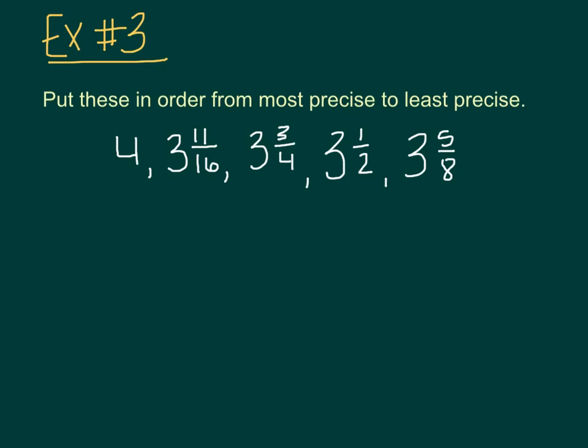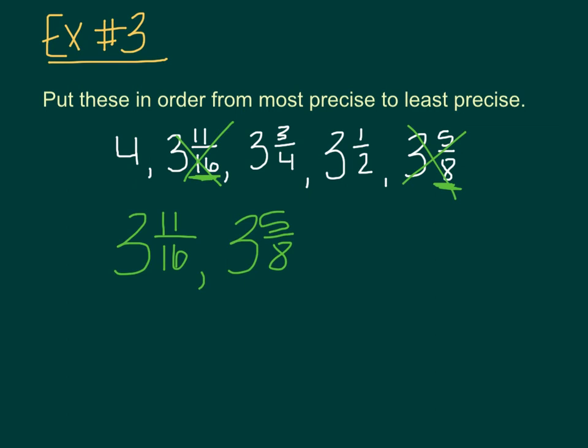Example 3: put these in order from most precise to least precise. So we're going to practice what I was just talking about. We have 16th here. That looks like my greatest denominator, so that one is going to be the most precise. Then we have an 8 as the denominator in this one, so that's going to be our next answer.